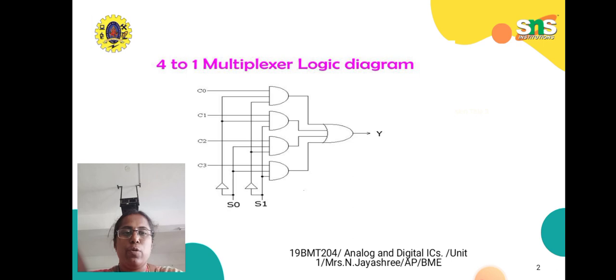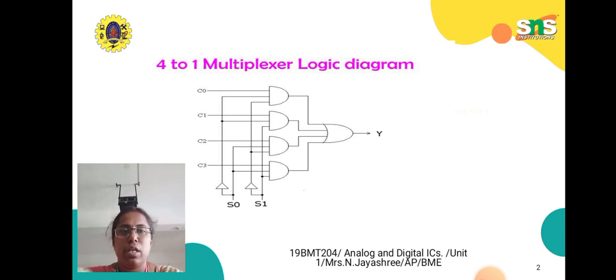If it is 0, 0, let us see with this C0. You should know that S0 and S1 pins are connected here as 0, 0. That is, S0 0 and S1 0 are connected to the C0 pin.